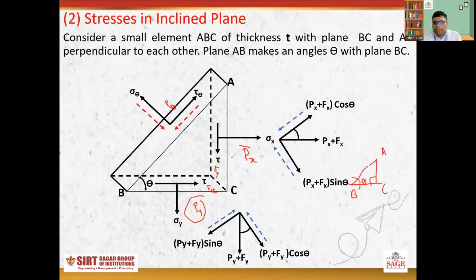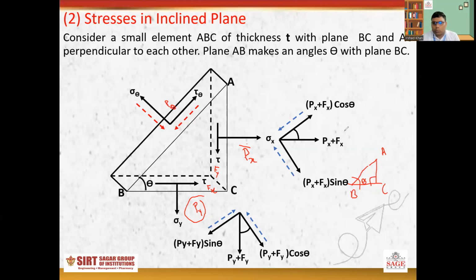So here you can see this tau which is produced by Fy, and this Fy is acting toward the y-axis, and this Fx is responsible for this tau which is acting on plane BC, whose direction is toward the x-axis. So what we have done here is, whichever force is acting in the horizontal direction and the vertical direction, we just add here. So this Px and Fx we have added here.